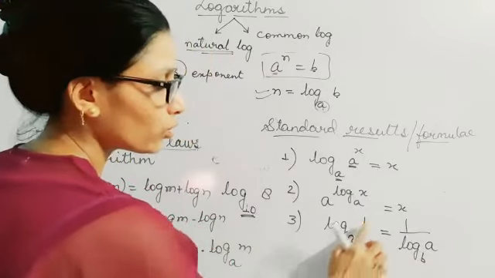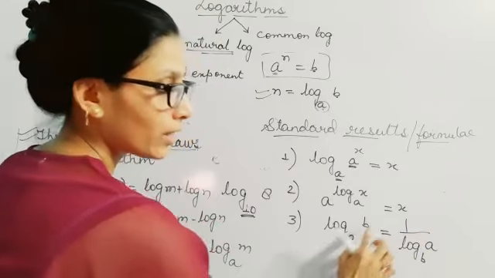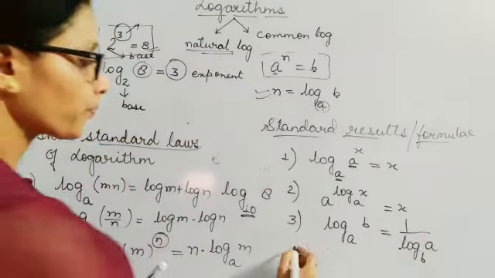So whenever you want to interchange these two, you can always write it as 1 upon log of, and then you interchange these two.